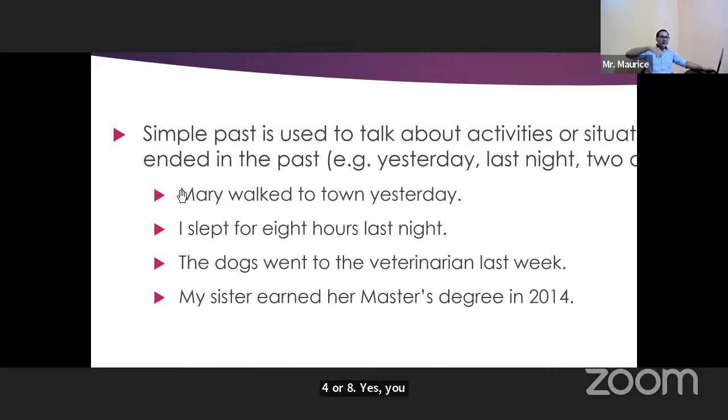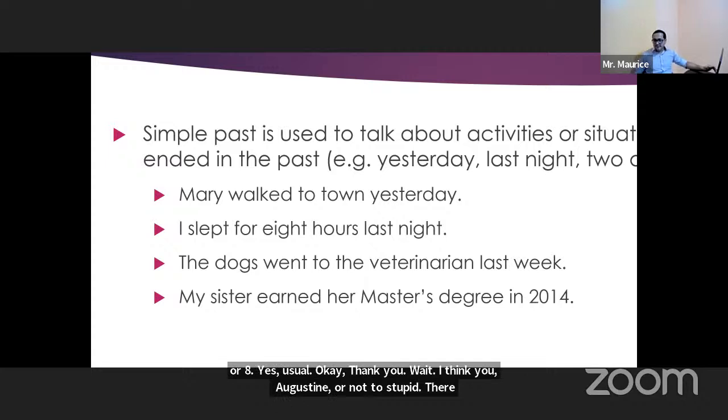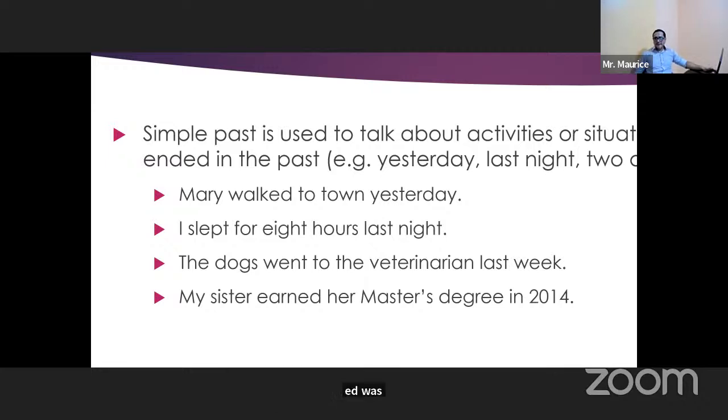Bueno, te equivocaste en una. Te estoy pidiendo que lea solo las oraciones con verbos regulares. Las oraciones que tienen verbos regulares son número 1 y número 4. ¿Cómo se reconocen los verbos regulares? Recuerden, son aquellos que terminan en el sufijo ed.